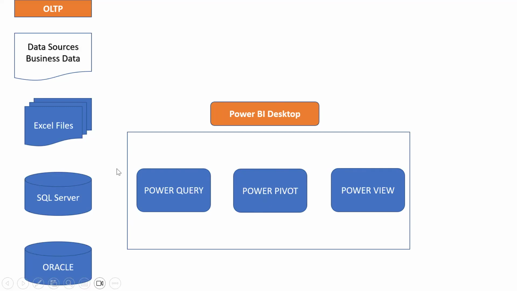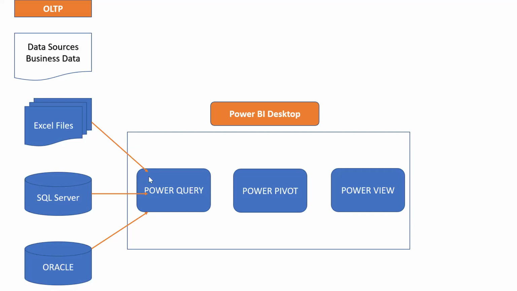What is that? So what Power Query does, it extracts the data from multiple sources. It has the capability to extract the data from multiple sources. There are close to 100 plus connectors in Power Query, by using which we can connect to Excel files, we can connect to SQL, we can connect to Oracle, we can connect to Databricks, we can connect to Data Lake, you can connect to Snowflake or any kind of data source.